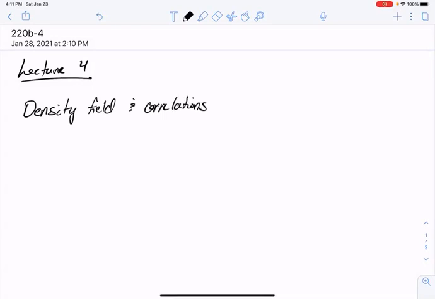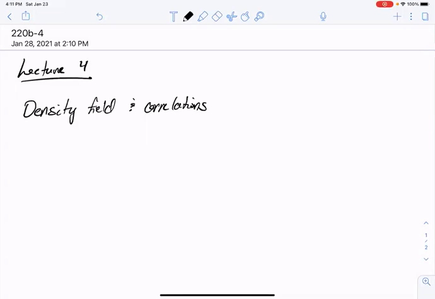Okay, so we defined in the second lecture, motivating the statistics of density fluctuations, a little indicator function that told us how many particles were in some little volume. That idea is essentially what we're going to use in the limit that that volume is infinitesimally small.